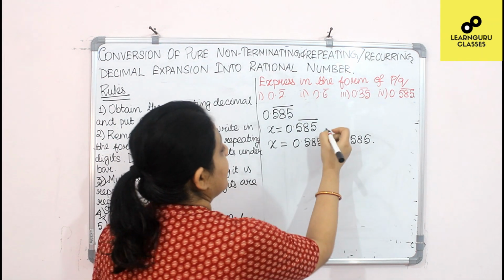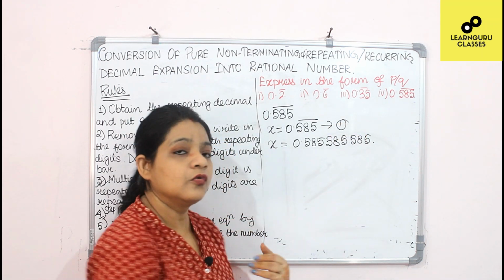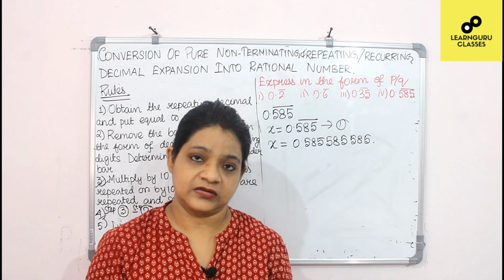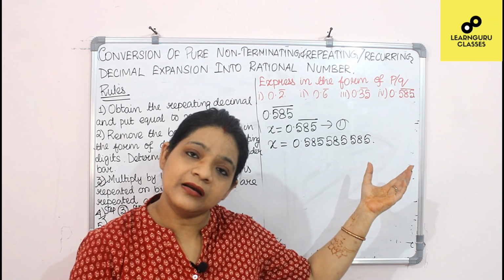So you will multiply this equation with what? You have to multiply the equation with 1000, since 3 digits are under the bar.